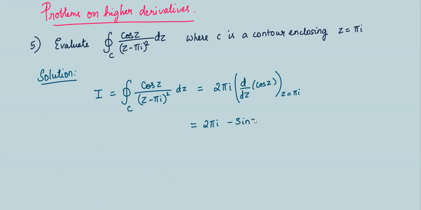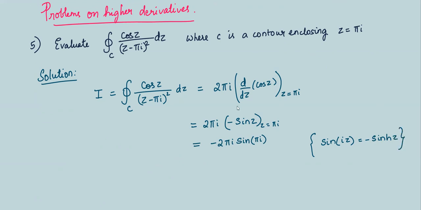So we get minus sine z at z equal to pi I, so we get minus 2 pi I sine of pi I. You can leave it here, or we use that sine of I times z is I times sine hyperbolic z, a result we derived earlier.